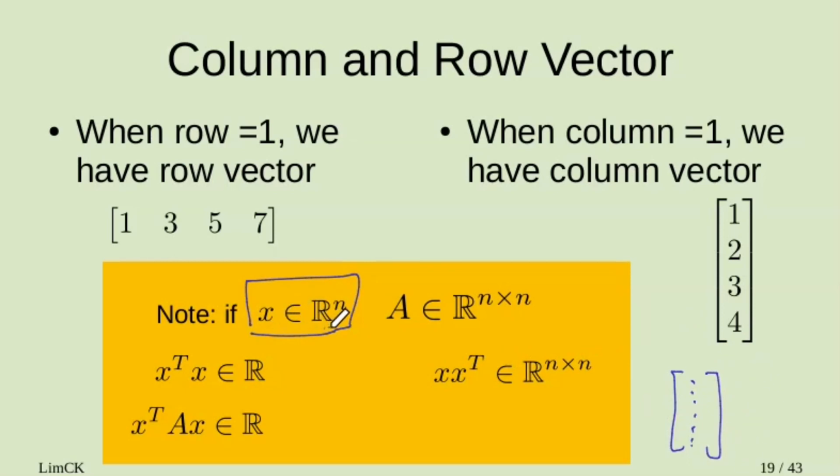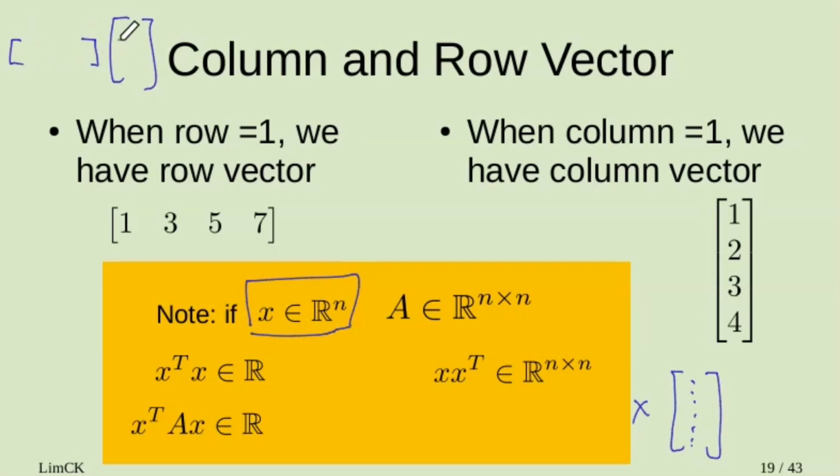So if this is the case, if we find the transpose of the vector x multiplied with x itself, we will get a real number. Here we perform the matrix multiplication with x transpose first. x transpose becomes a row vector, right?